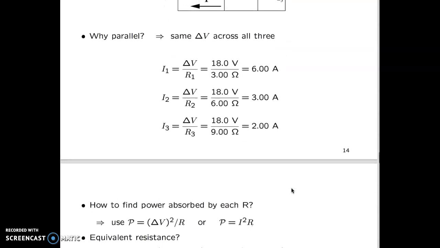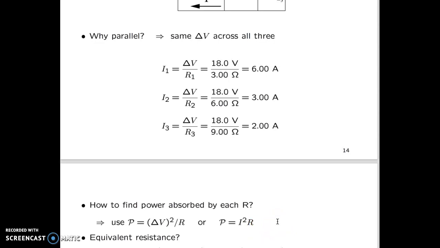Okay, how much power is absorbed by each resistor? In other words, how much heat energy per unit time is created in each resistor? Well, easy. You can use the expression for power, V squared divided by R, or you can use I squared times R. You know the current through each resistor.